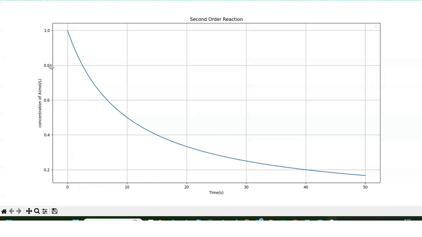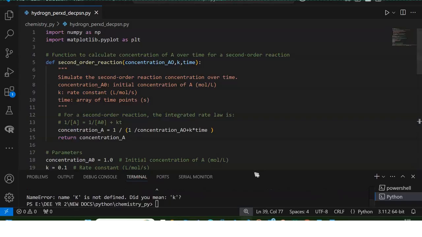You can see that originally the concentration was at 1.0 moles per liter, and it keeps on reducing. So the time for which the concentration will be at 0.25, remember, 0.25. Let's close this and see the value here.